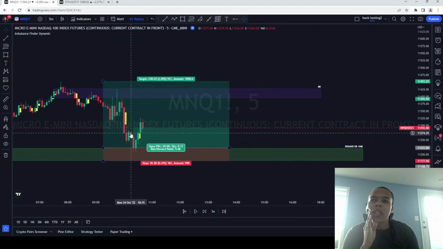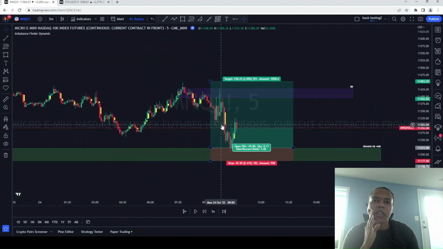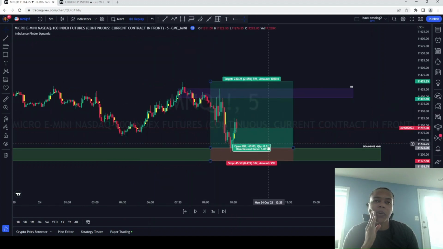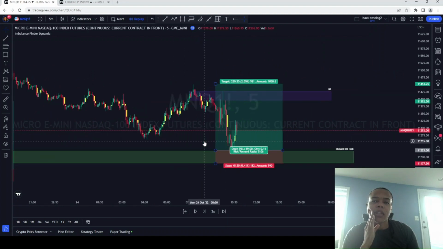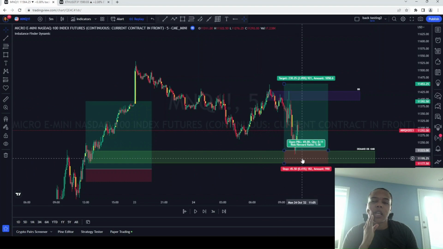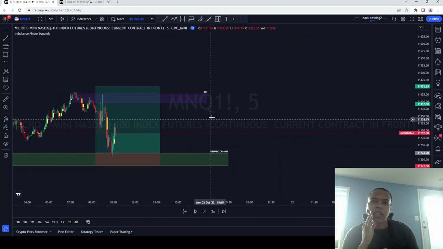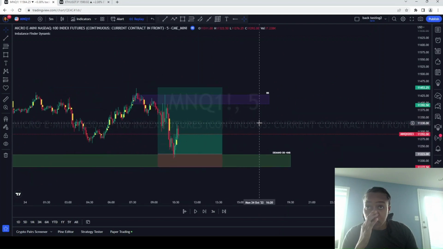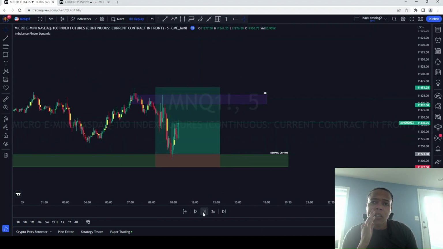So if we've got this break here, you'd be thinking it's going in the other direction, if you're continuing to think it's going short, right? But we've hit an order block right here. So we've got to see what it does. Then we need to see a break in this direction to take a long from here. So price came back into that order block.